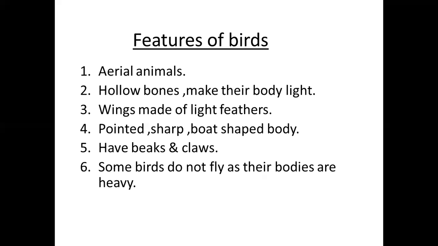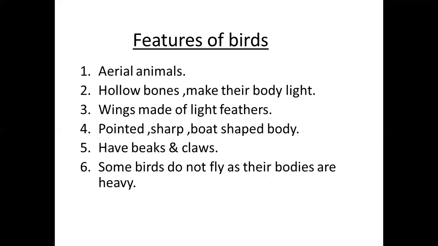They have hollow bones which make their body light, wings made up of light feathers, and a pointed sharp boat-shaped body. In addition to these features, birds also have beaks and claws. They use their beaks and claws to catch food and to build their nests. Some birds do not fly in the air as their bodies are heavy. Examples of this type of bird are ostrich, penguin, etc.